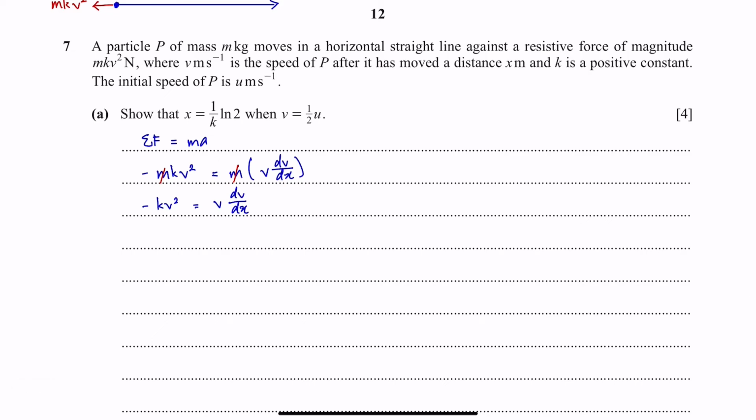So we can start separating the dv and dx. On the left side, we have negative k times the integral of 1 dx, and on the right side, we have the integral of 1 over v times dv.